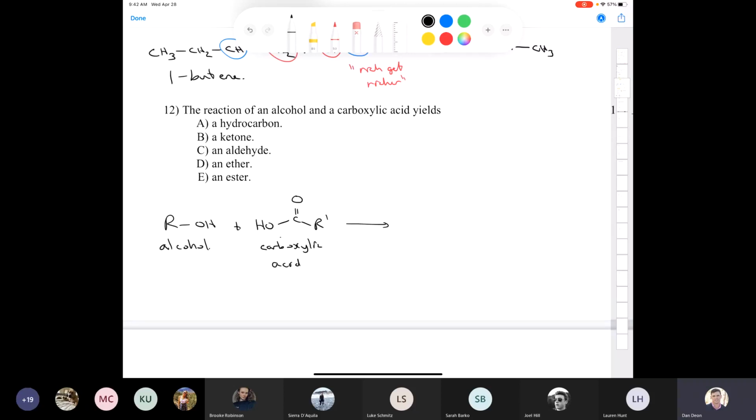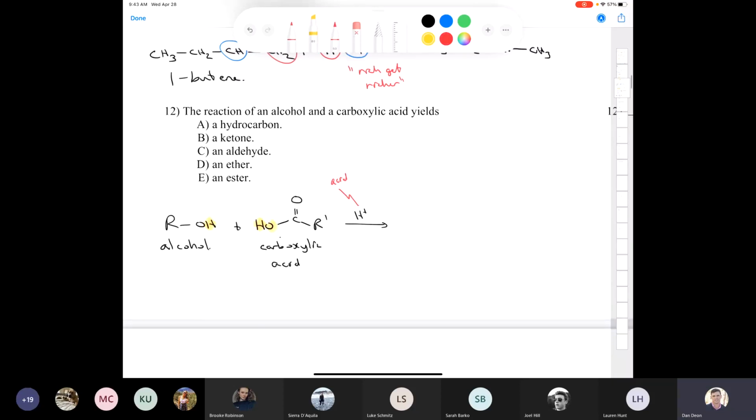When we treat that with a little bit of acid, I'm going to represent that by H+, and that's not really here nor there for general chemistry 2, but this is just a tiny bit of acid. It means a catalytic amount of acid, but again, I'm not really going to test you on that. You just need to know that when you combine an alcohol and a carboxylic acid, you end up losing H2O, right? You end up producing water as a side product, and then you also produce an organic molecule.